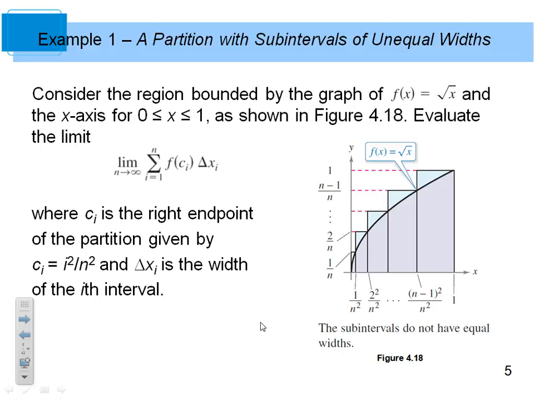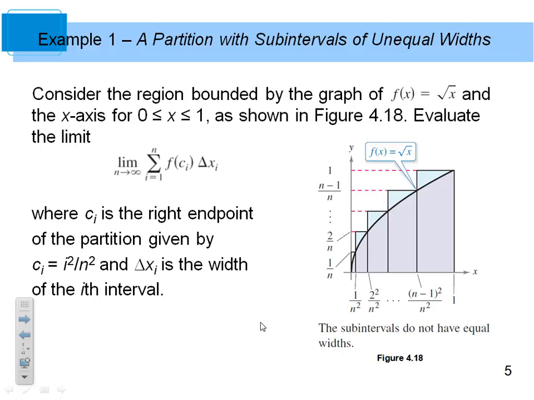They chose it so that they would have an example of unequal widths. So they said, okay, we'll make it i squared over n squared instead of b minus a over n. So they were showing us it still works.